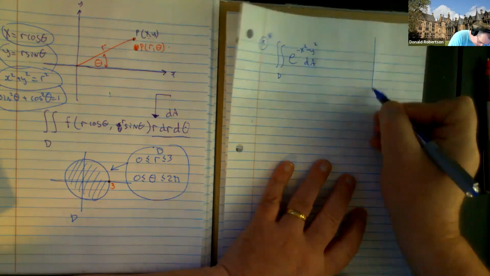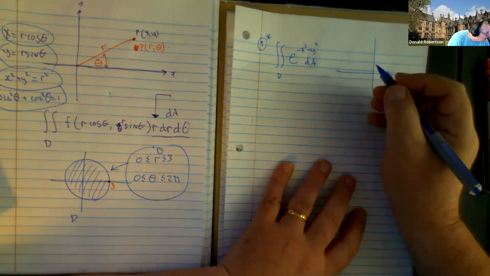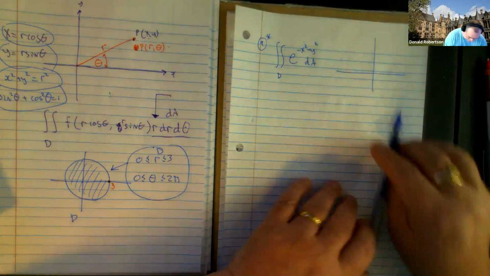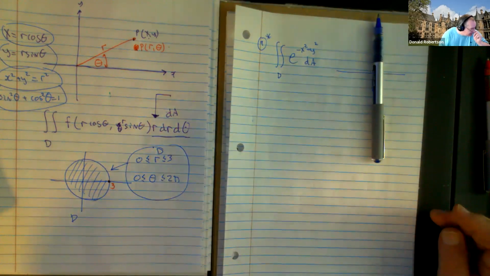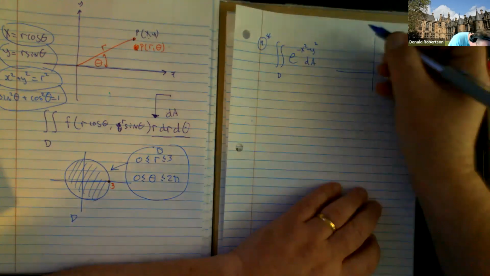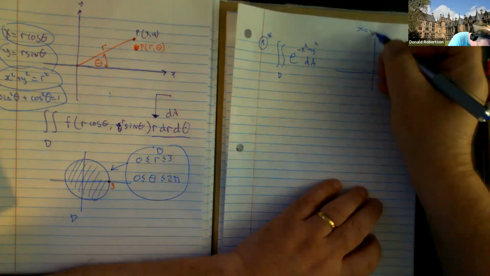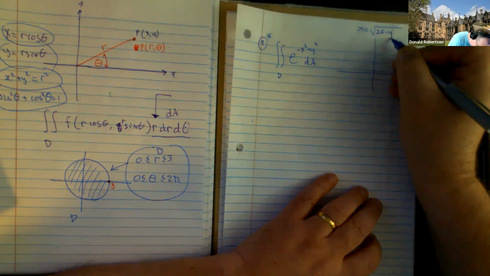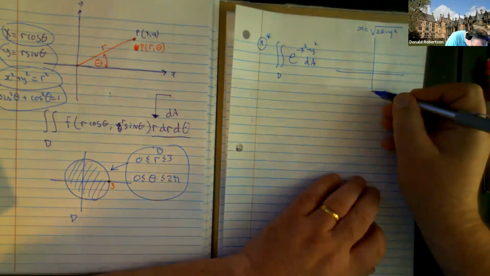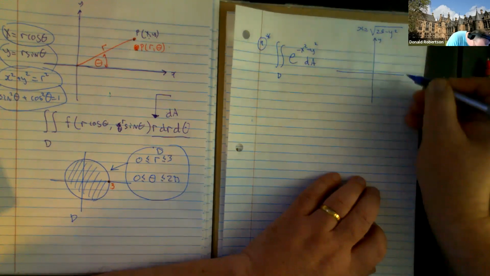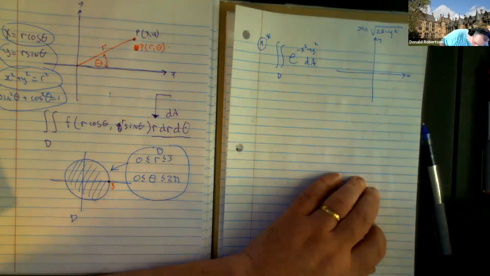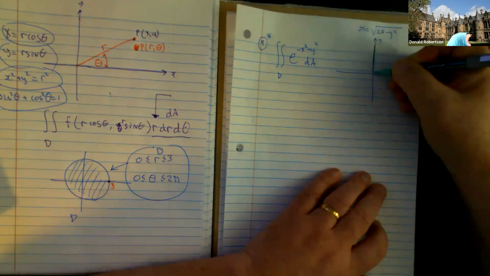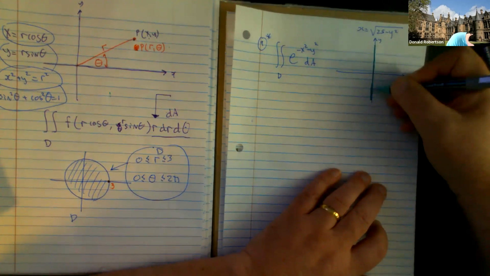And D is described as the region bounded by the y-axis, which is that axis, and a curve that has got a really weird look to it. So we're bounded by the y-axis, which means that's going to be one edge of D.